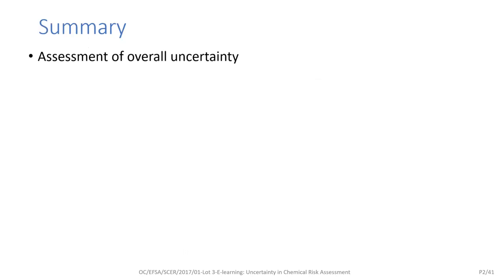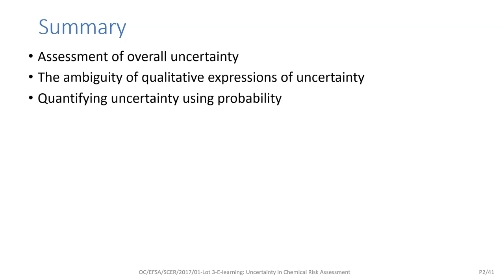In summary, this presentation focused on the simplest option for quantifying the overall impact of the identified uncertainties, which is to assess them collectively in one step using expert judgment, a basic uncertainty analysis. I explained why EFSA's guidance recommends using probability for quantifying overall uncertainty, and I introduced EFSA's approximate probability scale.